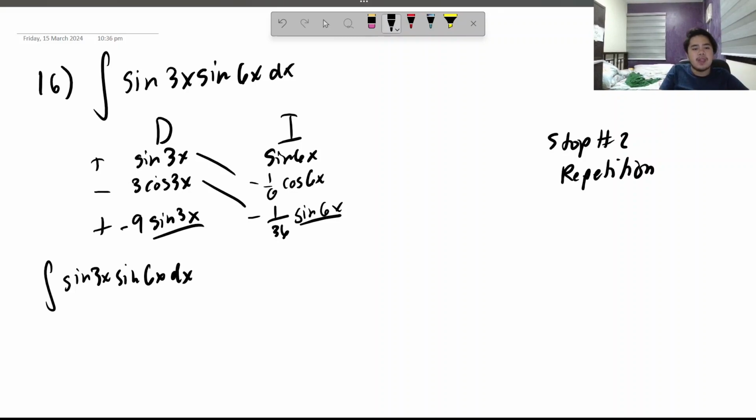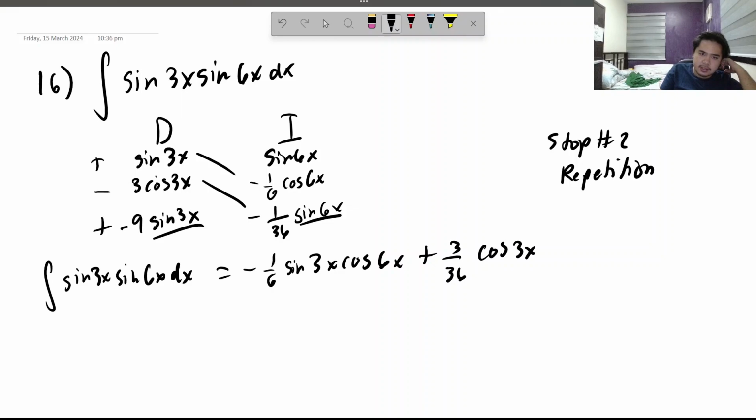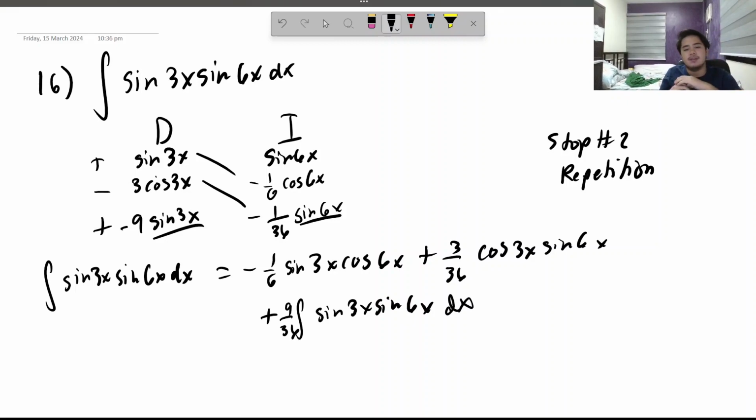This becomes negative 1 over 6 sine 3x cosine 6x, minus minus becomes plus 3 over 36 cosine 3x sine 6x, plus the integral of 9 over 36 sine 3x sine 6x dx.